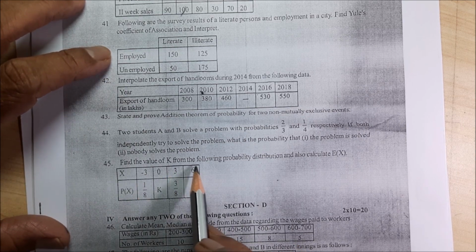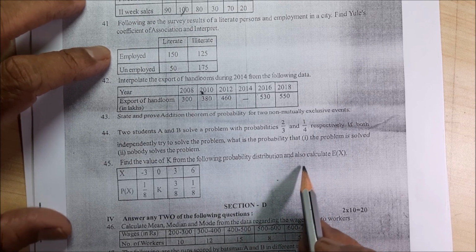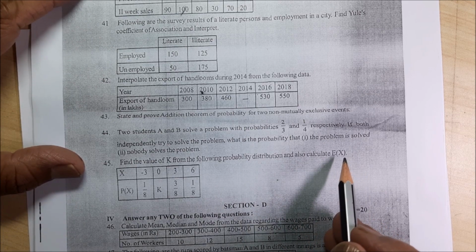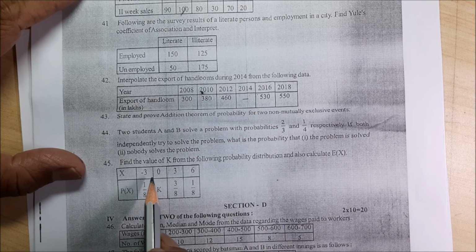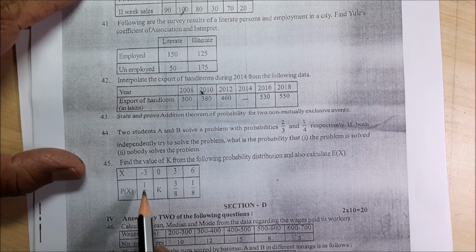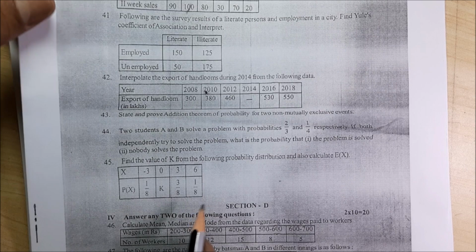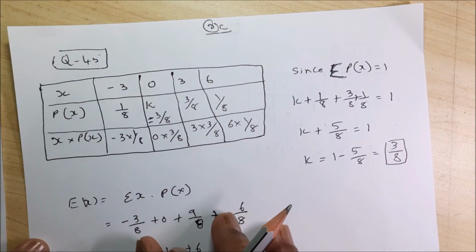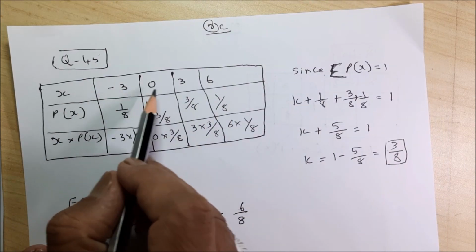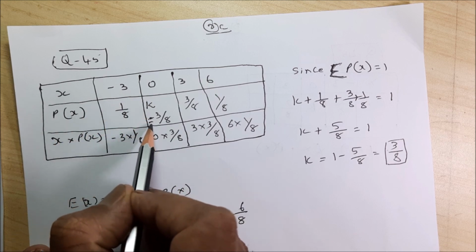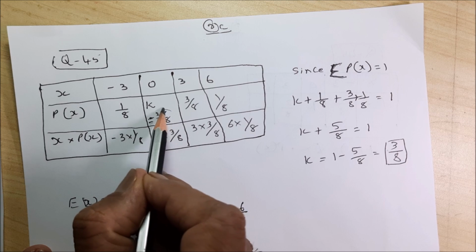Find the value of k from the following probability distribution and also calculate E(X), that is the expectation of X. X is minus 3, 0, 3, 6, and P(x) is 1/8, k, 3/8, 1/8.